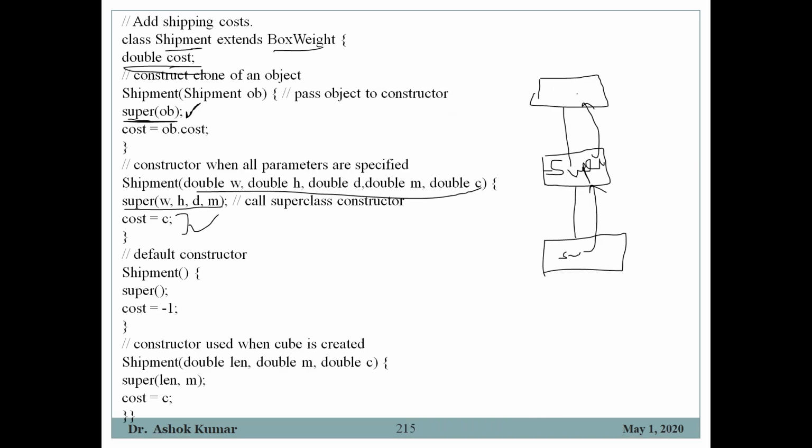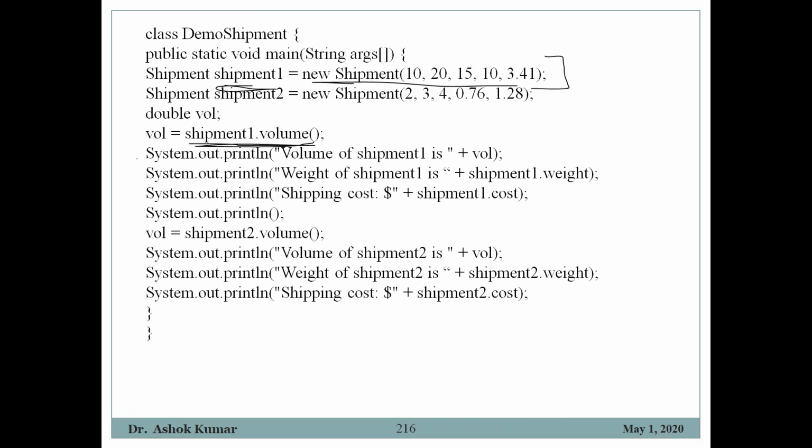So we can access it directly from the shipment class object, right? That's why we are calling it with volume. This volume basically belongs to the box class, because box is inherited into the weight box, and weight box is inherited into the shipment class. So this volume will be accessible from the object of the shipment class.